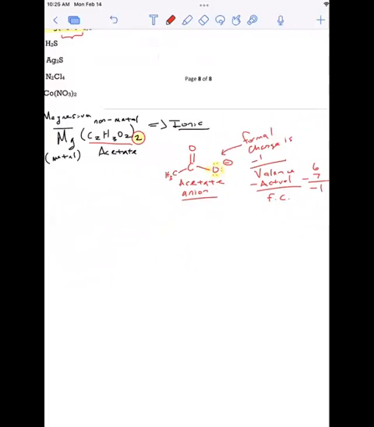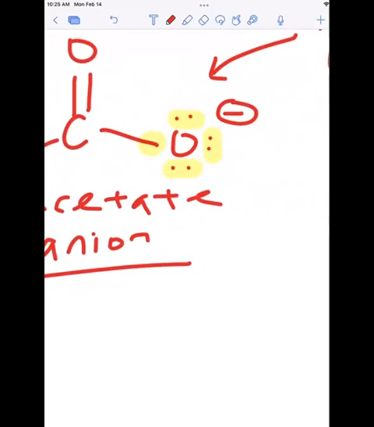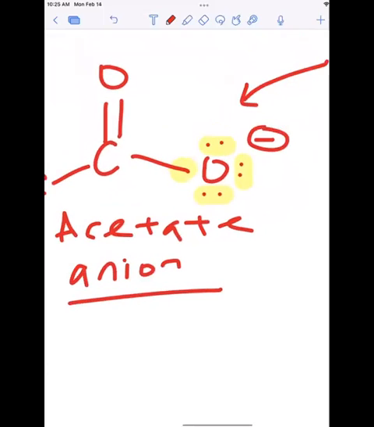Why isn't it 8? When you're calculating formal charge, you just split any bonds between atoms, so you halve the number of electrons. Let me draw this out. If I drew a sigma bond between these two, there are 2 electrons in there.